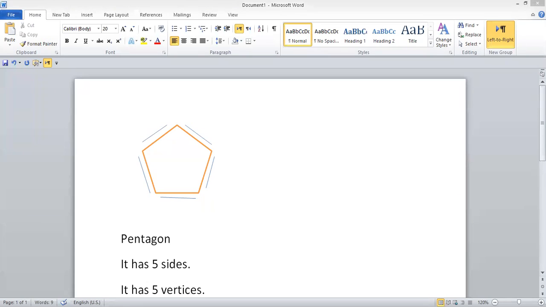How many vertices does the rectangle have? How many vertices in rectangle? Vertices. Corners. How many corners are there in rectangle? 5. Mm-hmm. How 5?